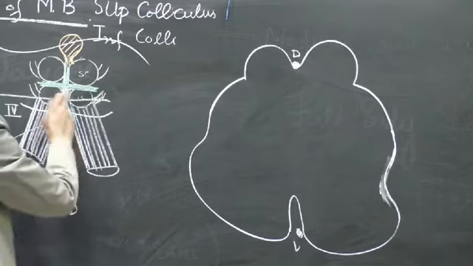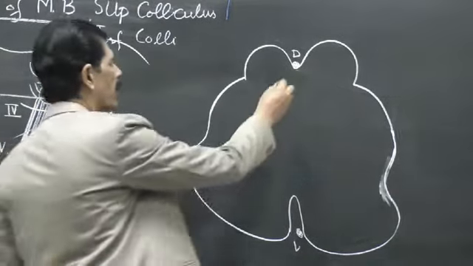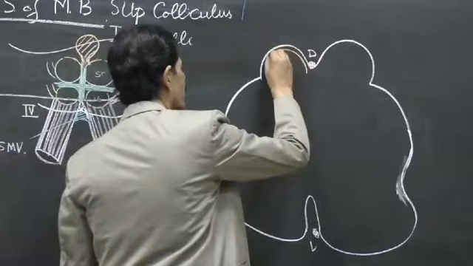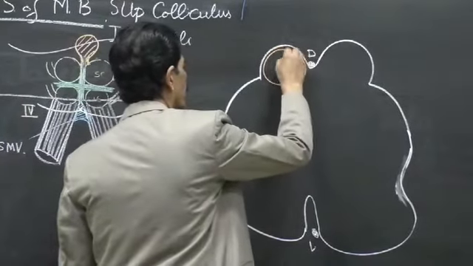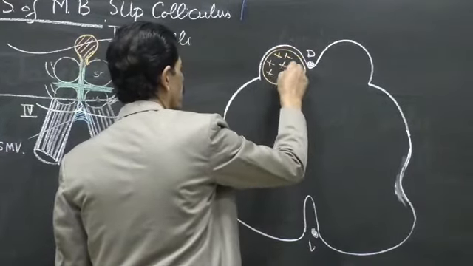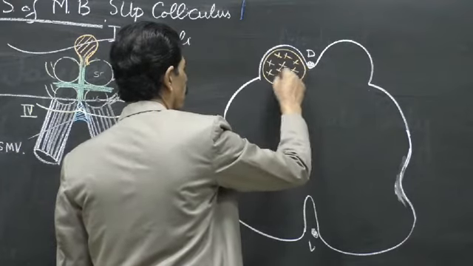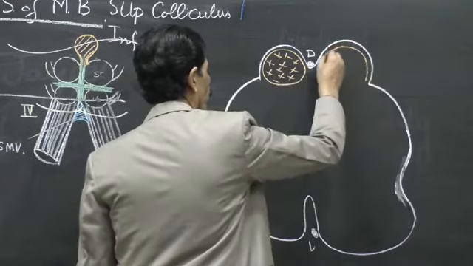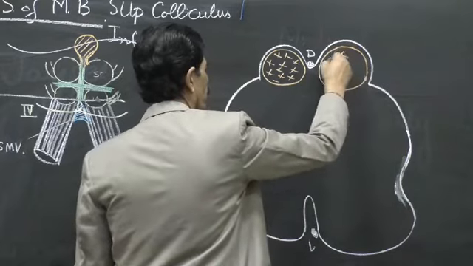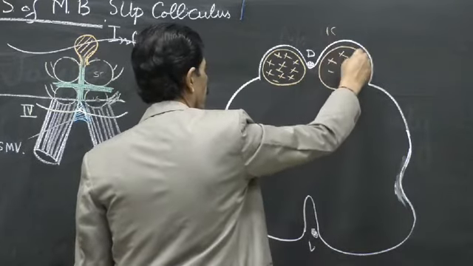As you know, the colliculi are made up of grey matter. So in this section we show the grey matter in the form of crossing lines. So this is what we have made, the inferior colliculus grey matter.